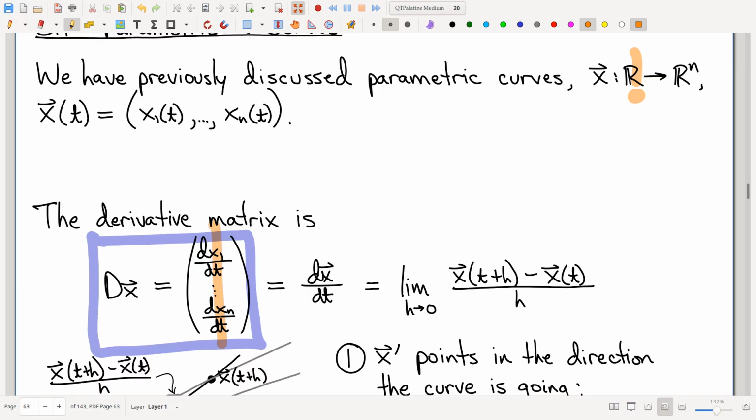It also means, if you think about it, if you only have one variable, there are no other variables to hold constant. So in this case, it's not a matrix of partial derivatives. It's a matrix of good old-fashioned regular Calc 1 derivatives. As you see I've drawn there, notice that those are d's, not partial symbols.